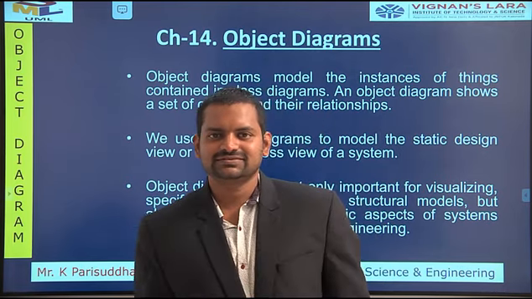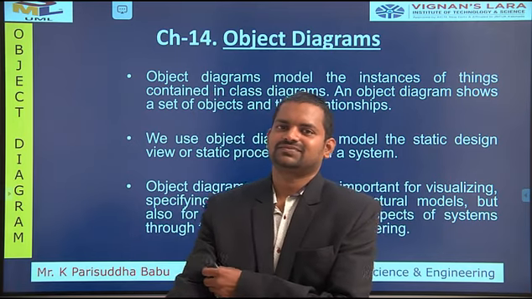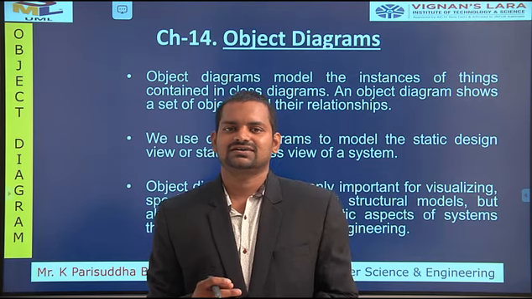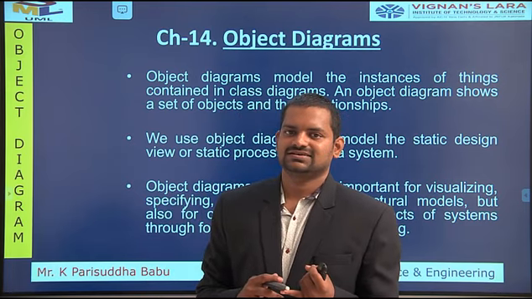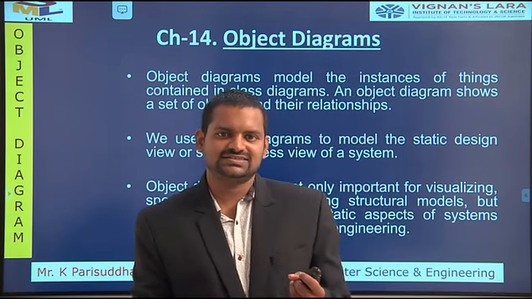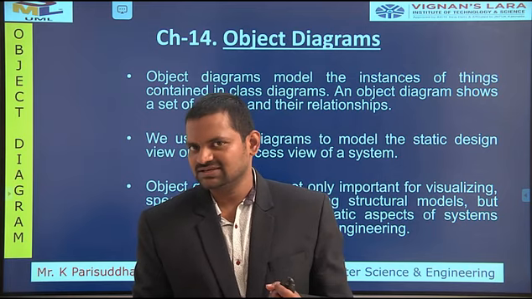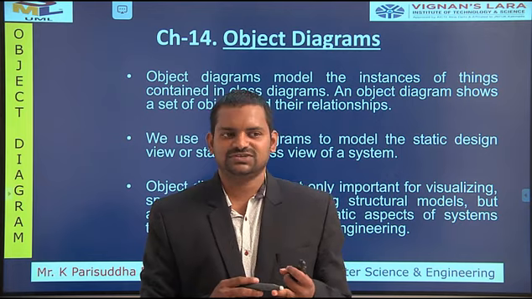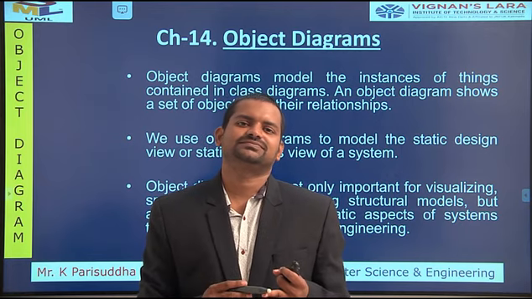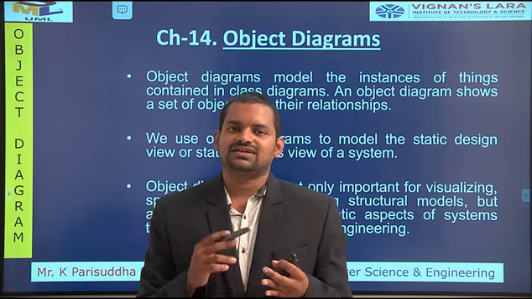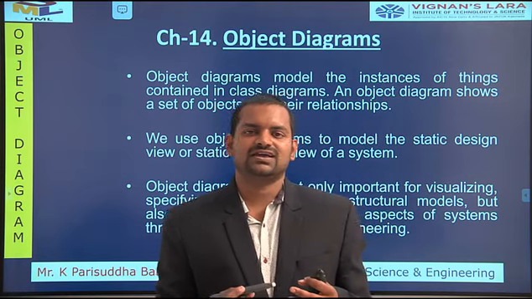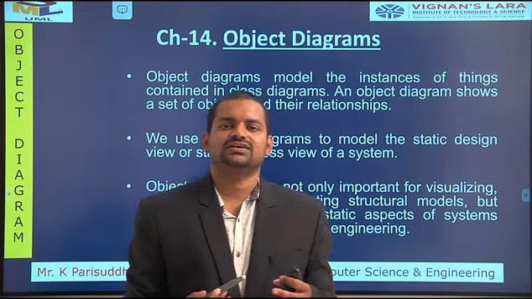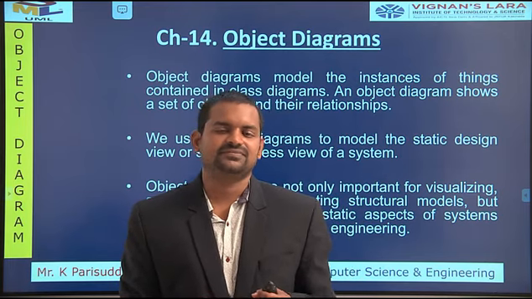Hello everyone, welcome back. In the previous sessions we learnt about classes, how to create a class, what is a class, and next, the second one is object. What is an object? How do we create an object? And third, some common mechanisms available with the class diagram and object diagram, especially the class diagram we have seen.